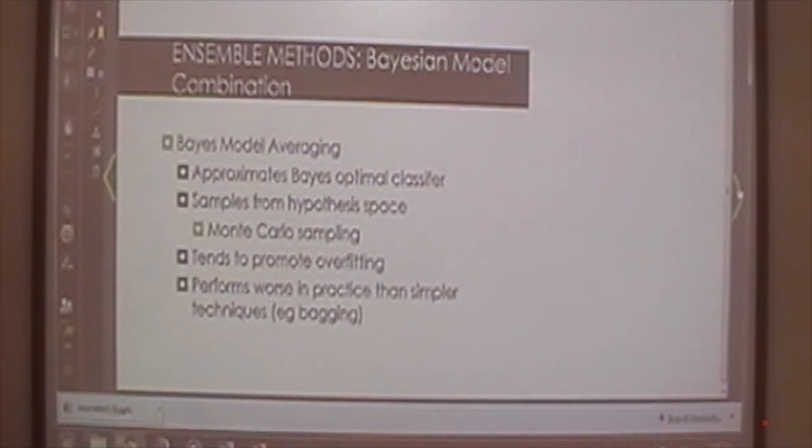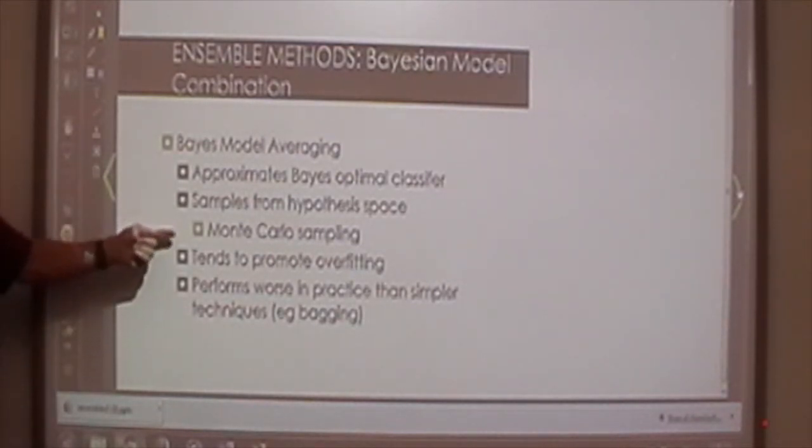To overcome this, people came up with what's called Bayes model averaging. I'm going through a very simple example here. The idea is that we can't get that Bayes optimal classifier in practice. It's too computationally intensive, it's too hard. How do we figure out these probabilities? So rather than use all the hypotheses, all the possible guesses that we have, we're going to just take samples.